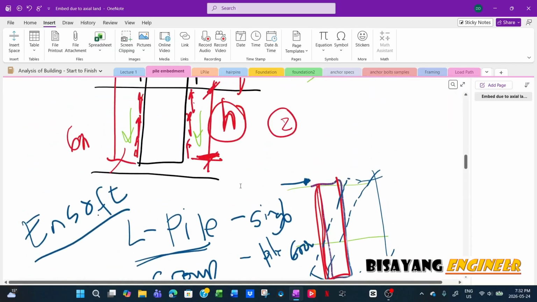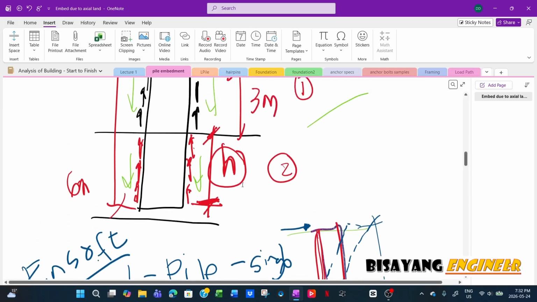And then, of course, you will equate that with the capacity, at least to get the minimum. But usually for driven piles, it's not necessary to get a soil investigation done.